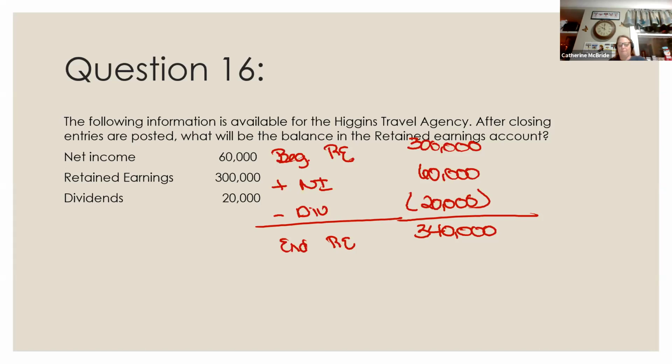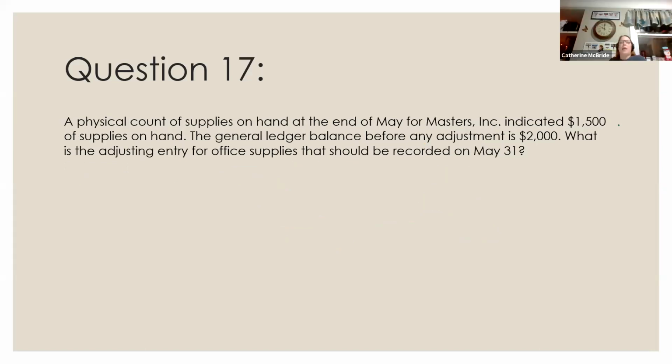Good there? Yes. A physical count of supplies on hand at the end of May for Masters Inc. indicated $1,500 of supplies on hand.